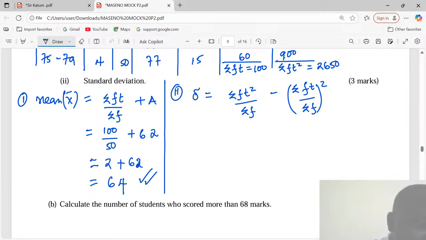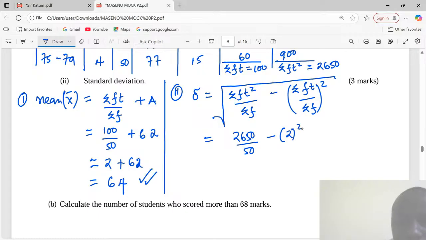For us to proceed and get standard deviation, we suppose now to take the square root of variance. Therefore, I'll be having 2650 out of 50 minus 2, and 2 is now supposed to be squared.